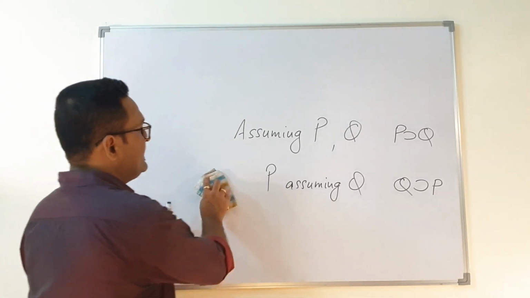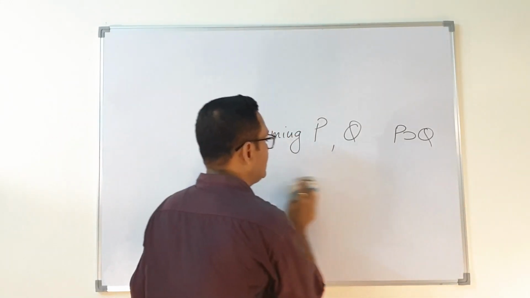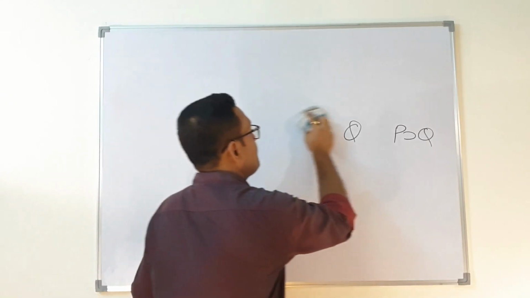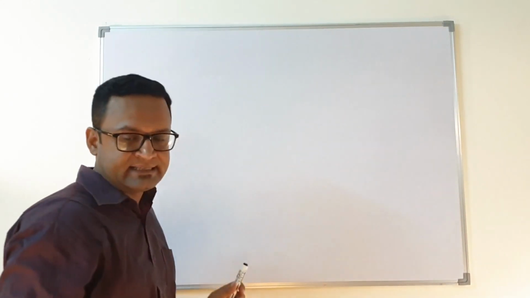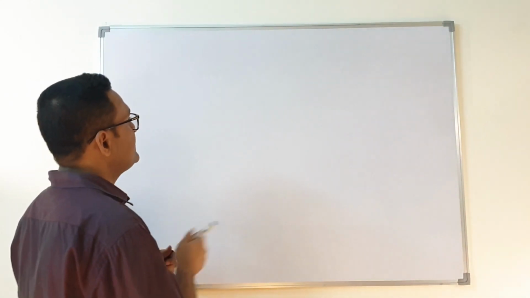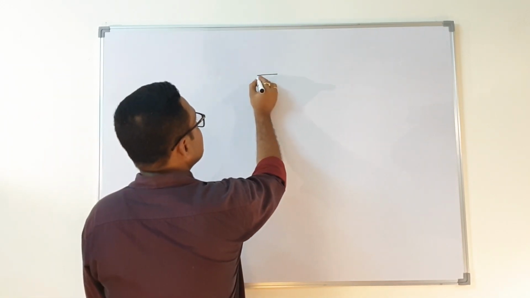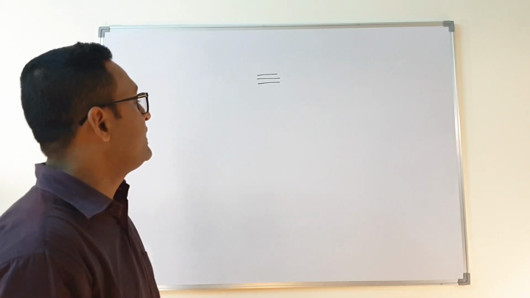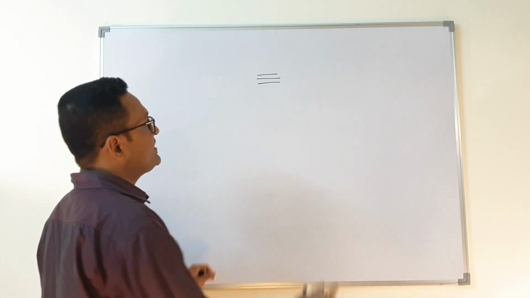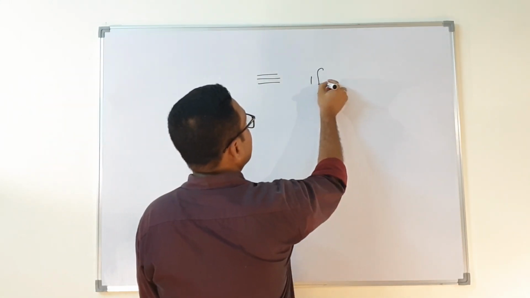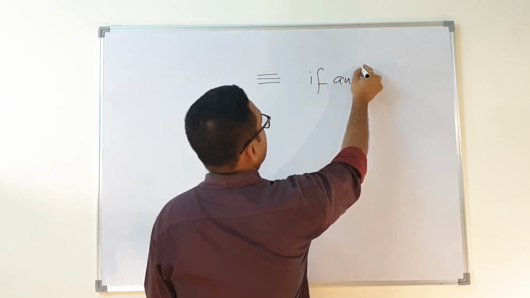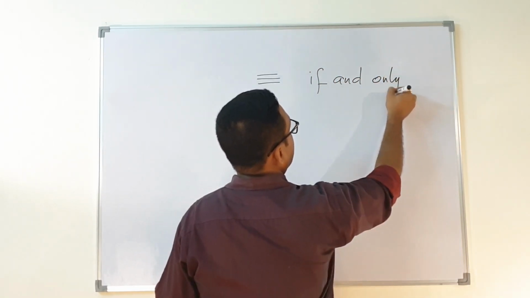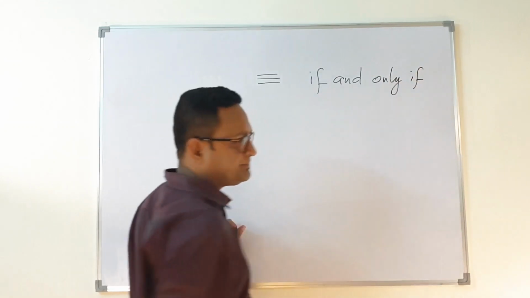Now let us come to the last part of our symbolizations, and that is equivalence, right? So you know that equivalence is represented with 3 bars, triple bar, and it is a function like if and only if, right?